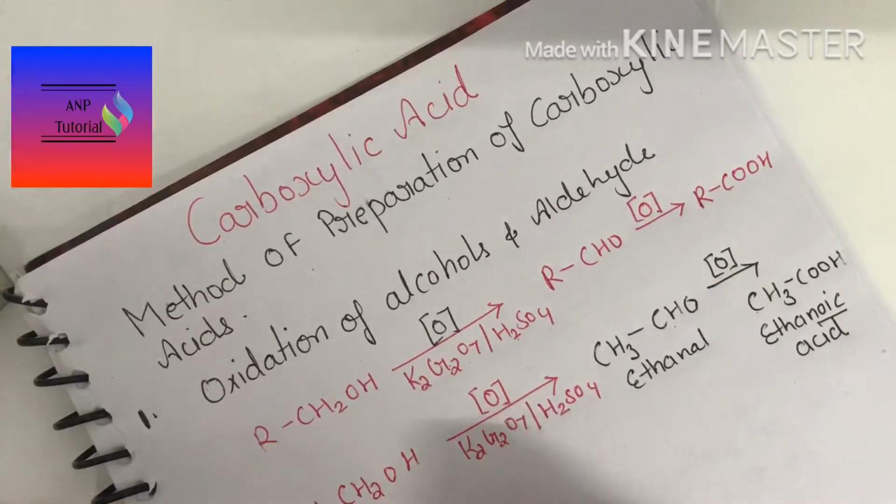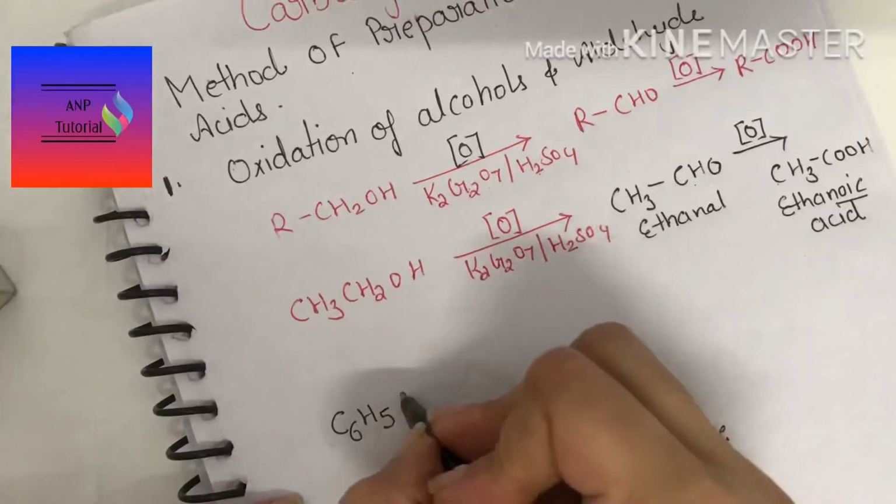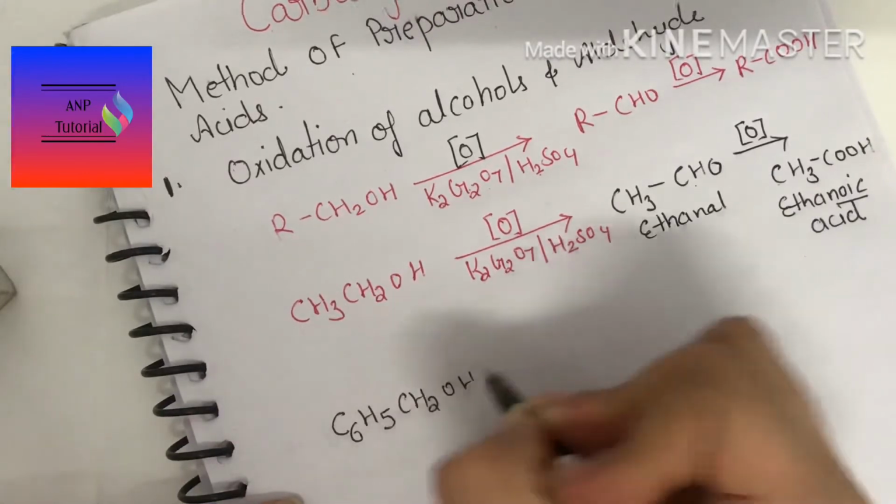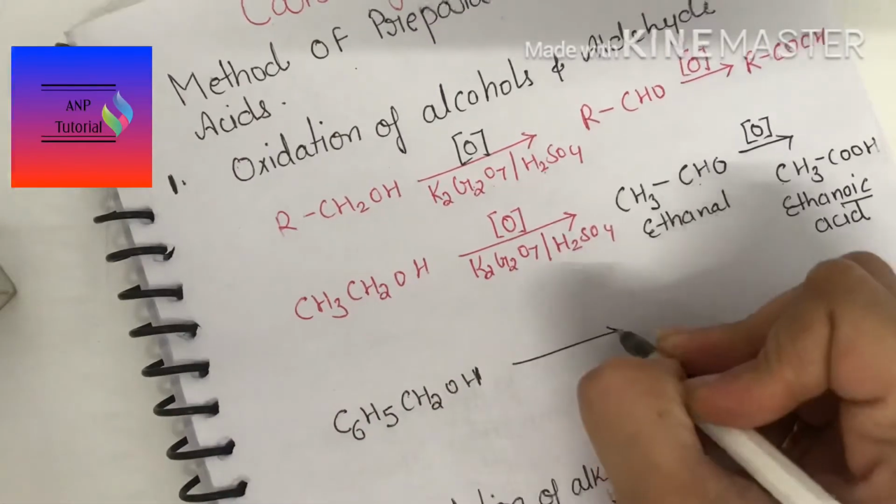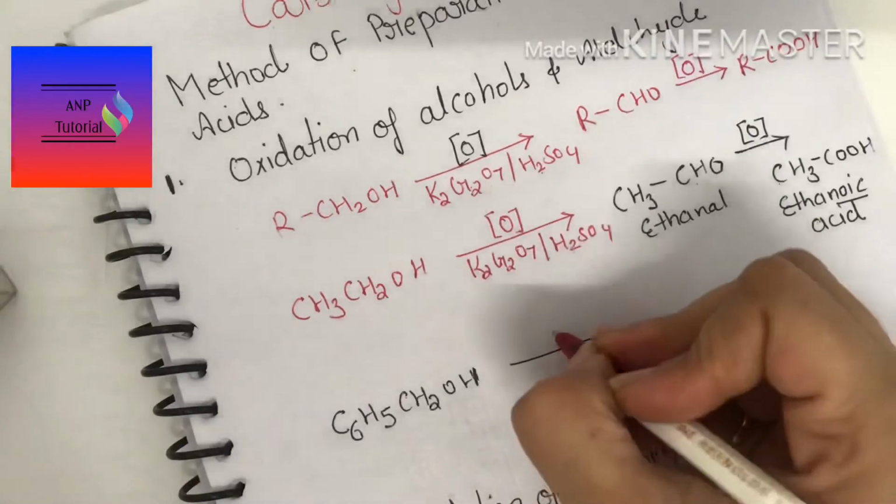I am taking another example, benzyl alcohol. Benzyl alcohol is C6H5CH2OH. On oxidation, oxidation is happening.